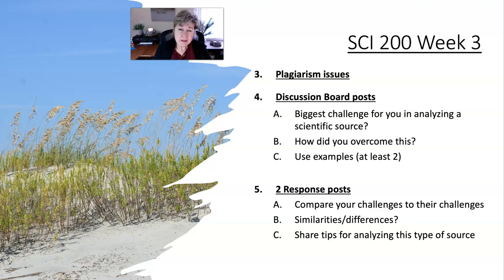So the jargon sometimes is hard to get through because you don't know what the terminology means, and so you have to look it up. But when you do that, then you can figure out what's going on.